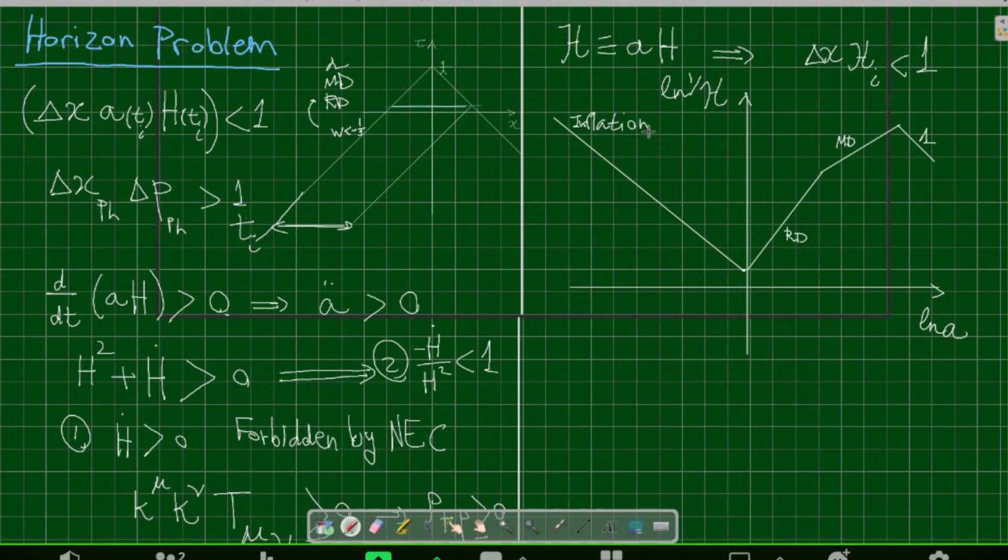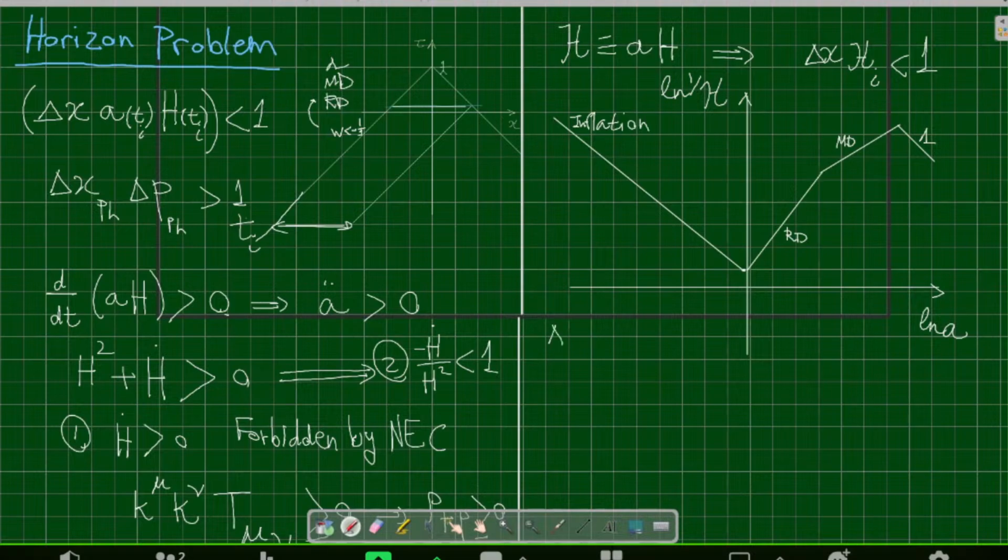And then this size that we determine, so what is this delta x? Let us try to remember what delta x is. Remember that this is a conformal diagram, so distances and times would be the same. Light travels at 45 degrees, so this delta x is the same as this delta tau. And we know how to compute delta tau between two different times, right?